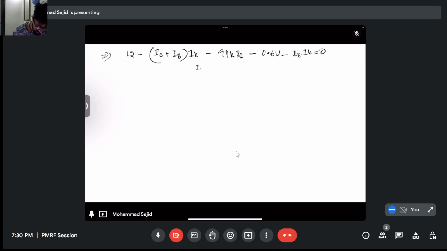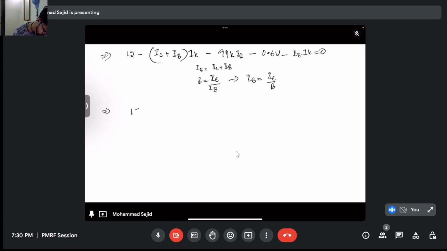And we know IE is equivalent to IC plus IB. And from the definition of beta, I can write IB as IC by beta, right? So let's just substitute these values.